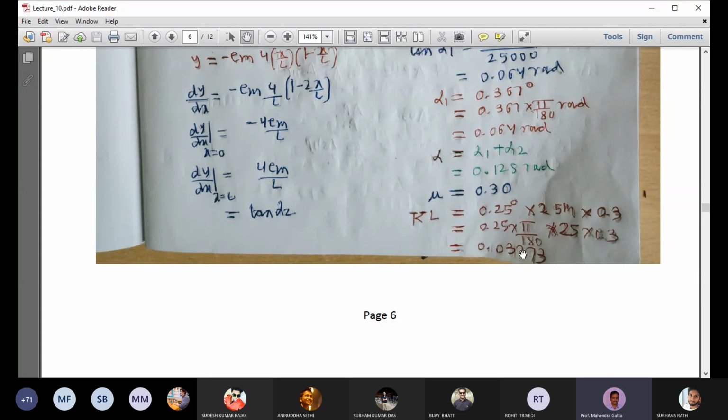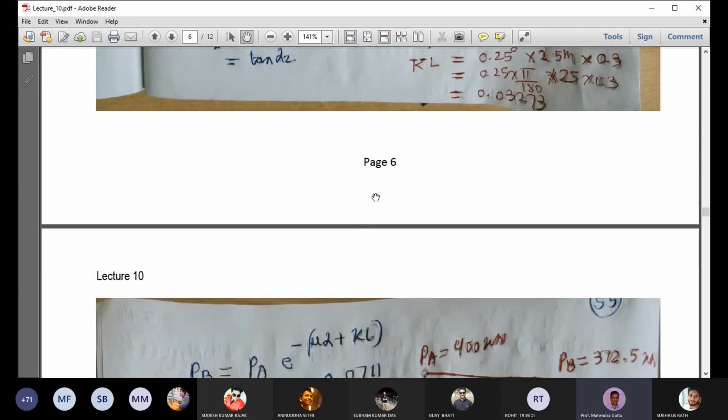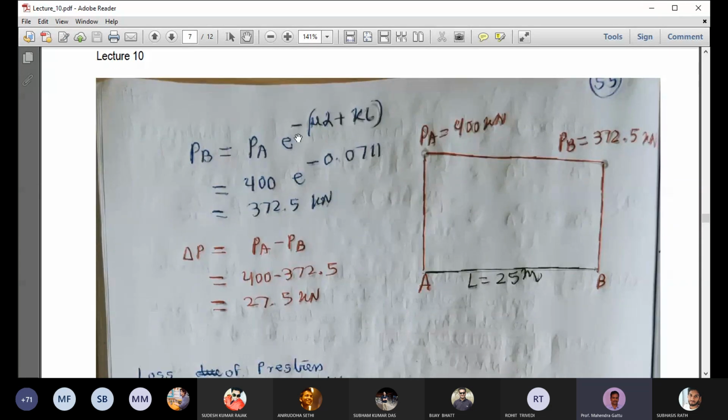So we get 0.03273. In the exponential term, we'll have mu alpha plus KL. So PB is equal to PA into e power minus mu alpha plus KL, and that value is minus 0.0711. And if you multiply this, you get 372.5.